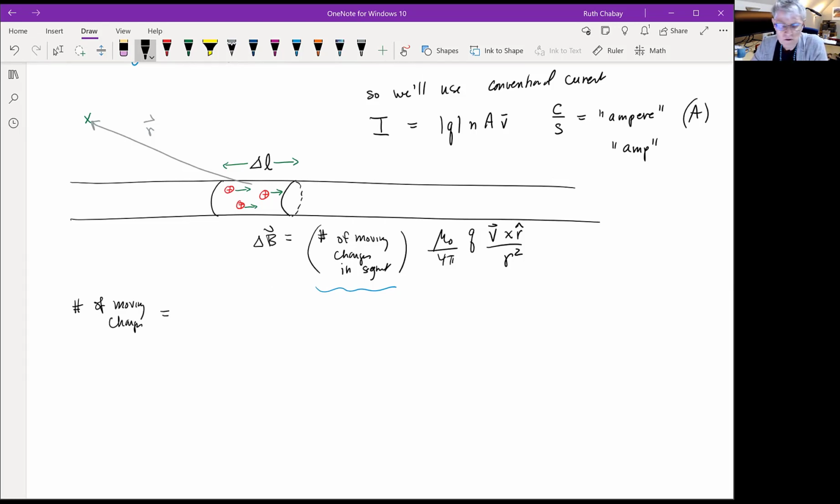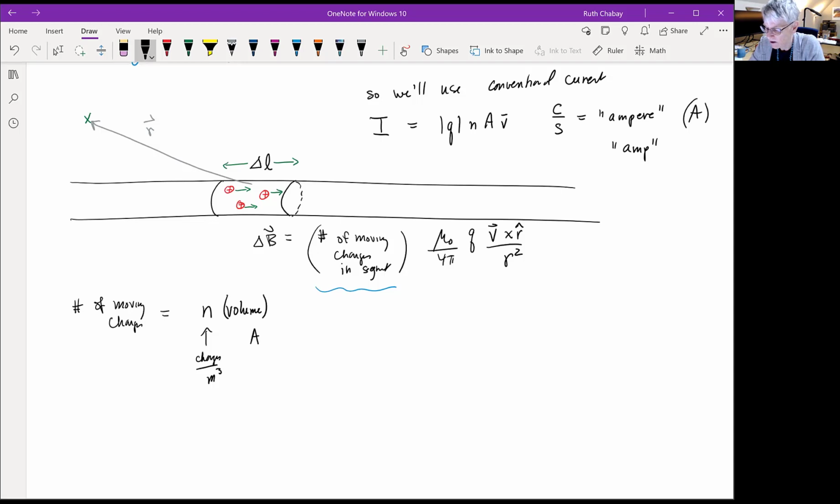The number of moving charges is just equal to the density of charges times the volume of the segment. So this is n, electrons or mobile charges per cubic meter. And this is just the volume of our little cylinder, which is the cross-sectional area times the length.